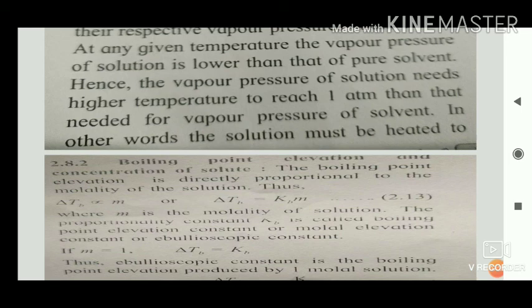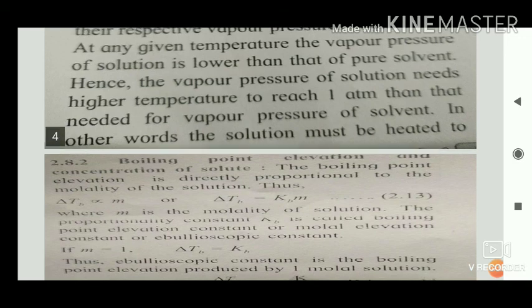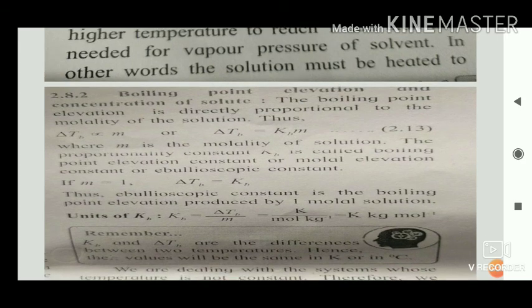Molality is one way to express the concentration of a solution. The proportionality constant KB is called the boiling point elevation constant or molal elevation constant or ebullioscopic constant. If m is equal to 1, then delta TB is equal to KB. Thus, the ebullioscopic constant is the boiling point elevation produced by a 1 molal solution.